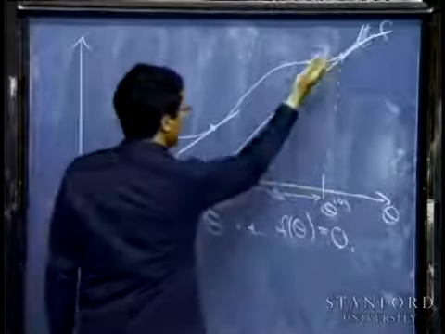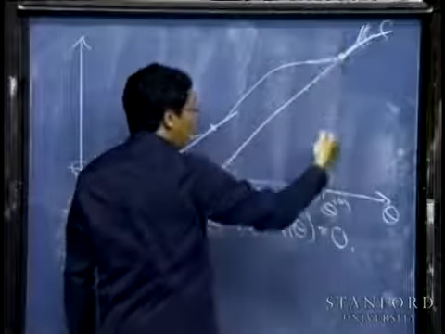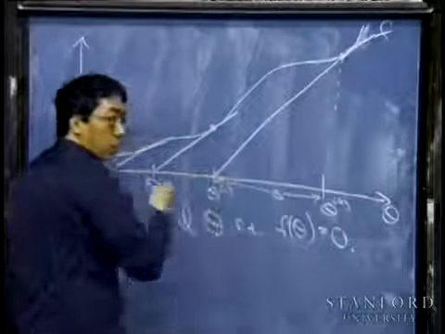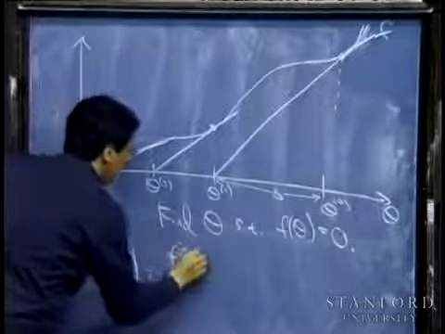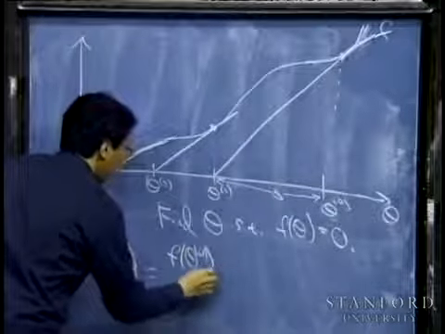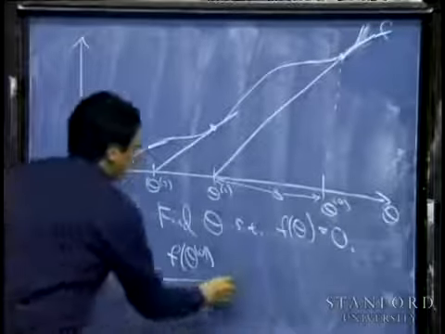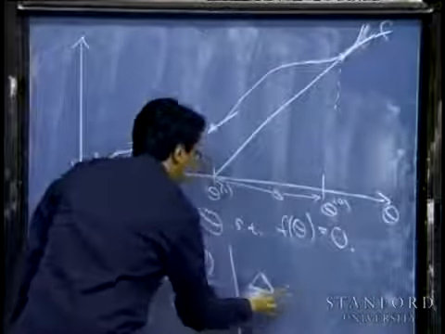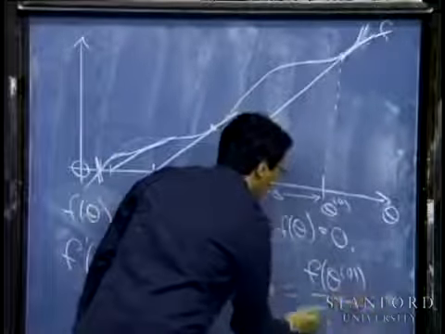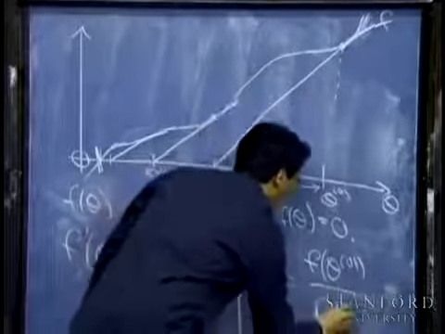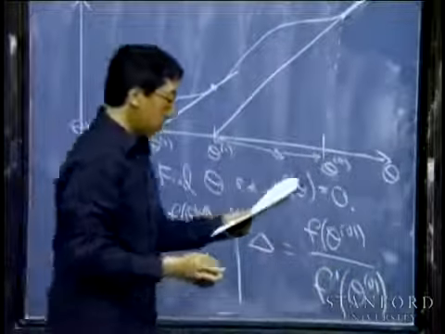The slope of this function is defined as the ratio between this vertical height and this width of the triangle. And so that's just equal to f of theta 0 divided by delta, which implies that delta is equal to f of theta 0 divided by f prime of theta 0. Okay?